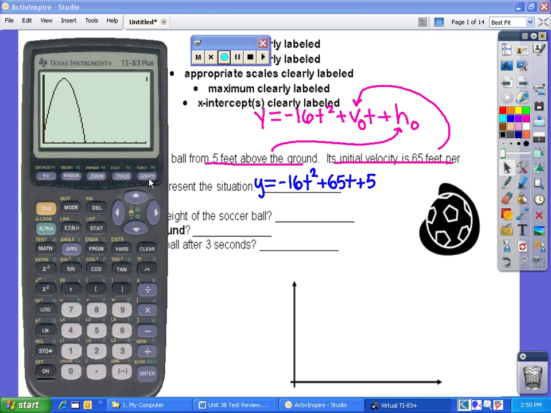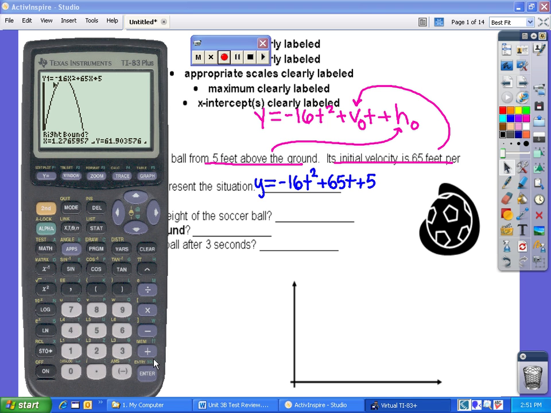So the first thing I'm going to do is find my vertex, which is what we call the maximum in your calculator. So it's second trace, number 4, and we should be left bound. So the left bound will be somewhere up here on the left hand side. See the blinker and put it to the left.